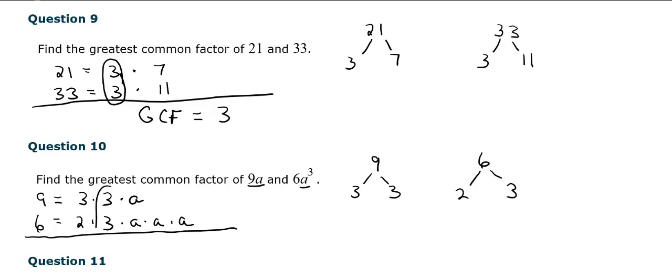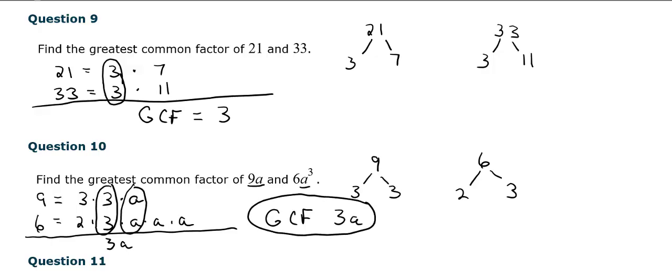They have one 3 in common, and they have one a in common. So the GCF would be 3a. So 3a is the largest value that divides into both 9a and 6a to the third.